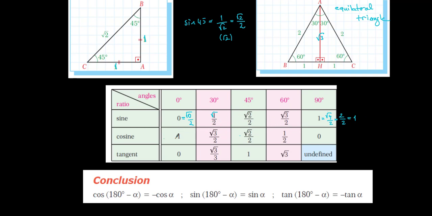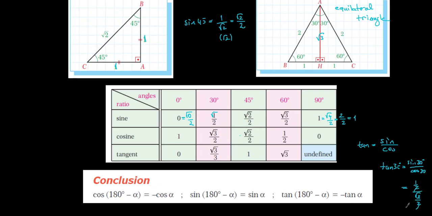And tangent also, you need to know this one. For the tangent, we know that tangent is also sine over cosine. So if you are looking for tangent 30, which is equal to sine 30 over cosine 30, and without looking at the table, if sine 30 is equal to 1 over 2, cosine 30 should be root 3 over 2.